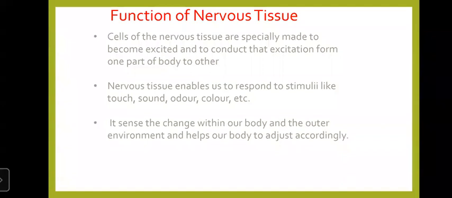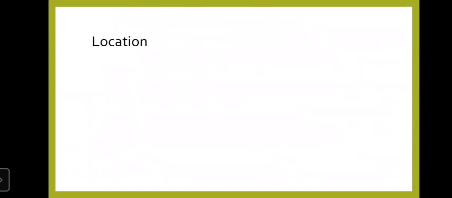It passes on that excitation from one part of the body to another part. It receives the stimuli through the sensory organs, and it not only senses outside stimuli, but also any kind of change occurring inside our body, and it helps our body to respond to the stimuli.